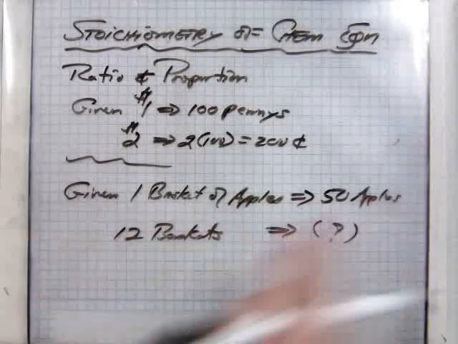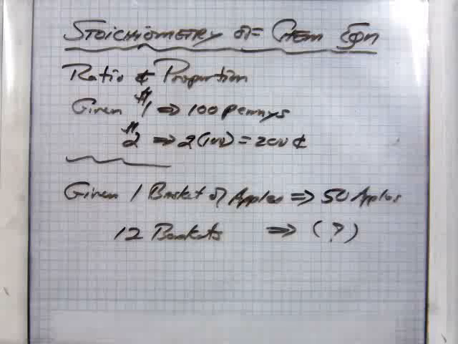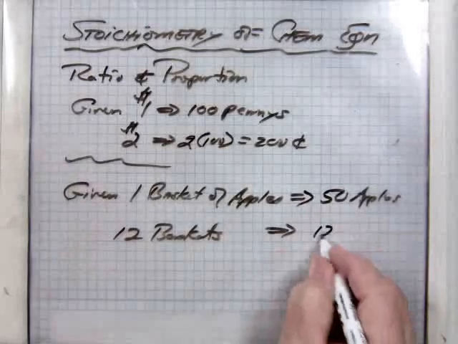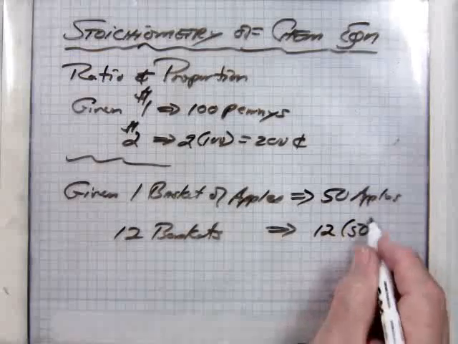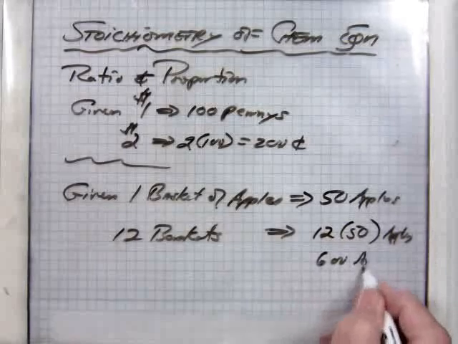One basket has 50, 12 baskets has 12 times 50, right? Everybody agree to that? Or 600 apples.